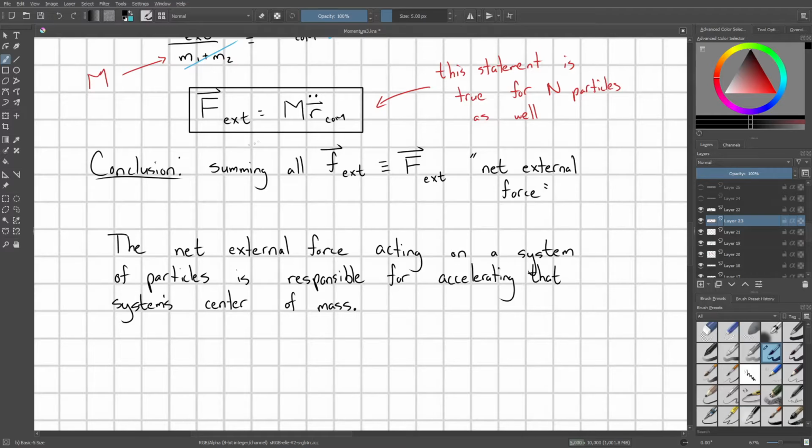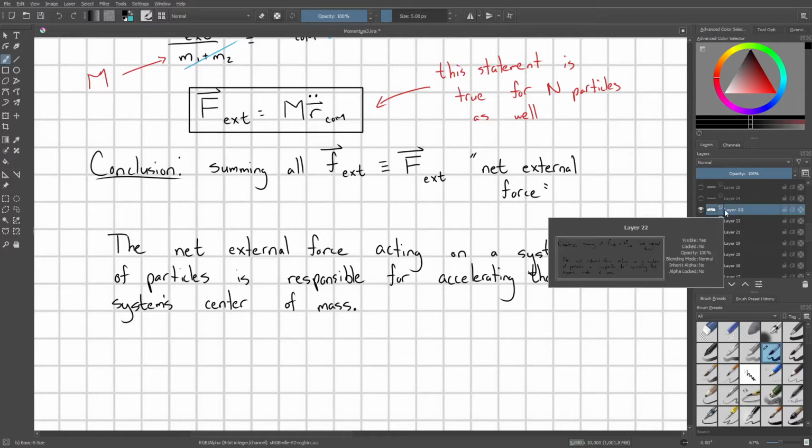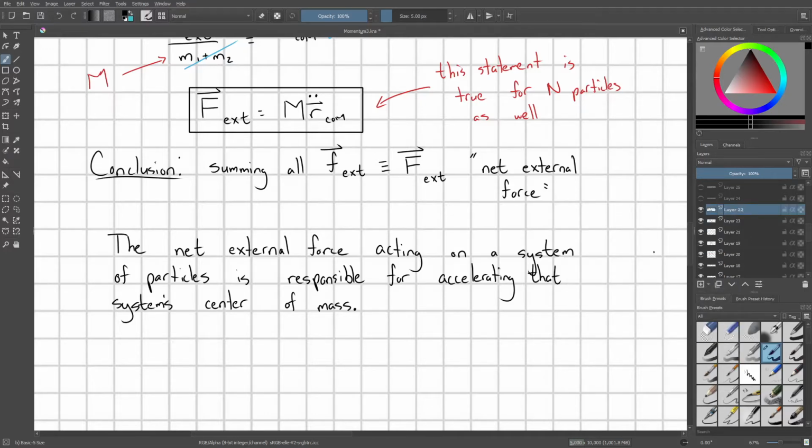And then we also concluded this statement here, that the net external force acting on a system of particles is responsible for accelerating that system's center of mass. So this is going to be very useful because we're able to simplify very complicated systems of particles to a single point, the center of mass.